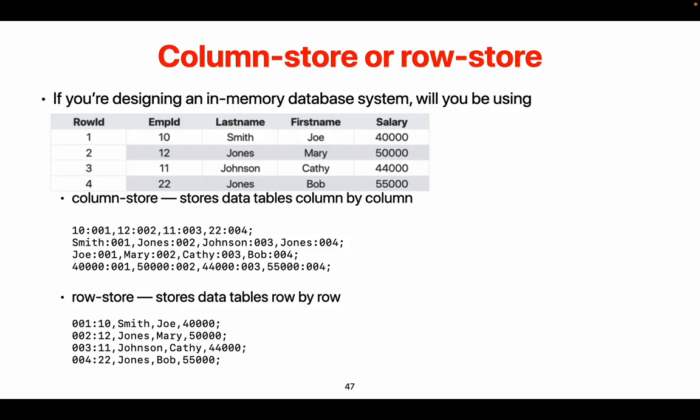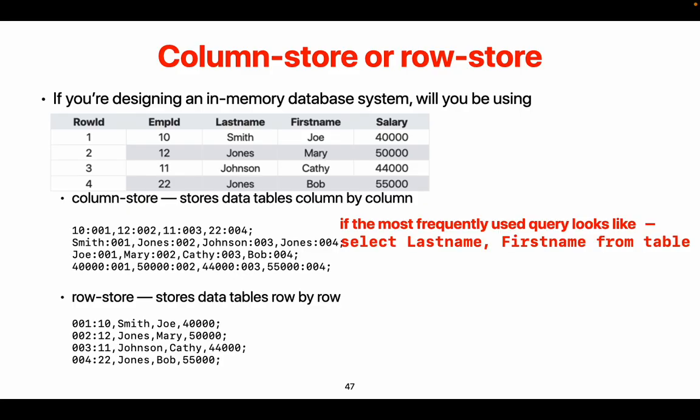Right. So most of the database tables are designed to be column stored, because think about what kind of queries we are going to perform. Most of the time, you are going to perform queries like selecting a few columns with the column criteria fit for certain conditions, right?